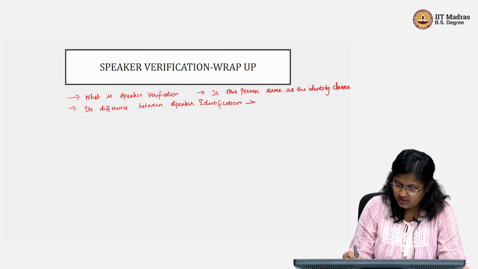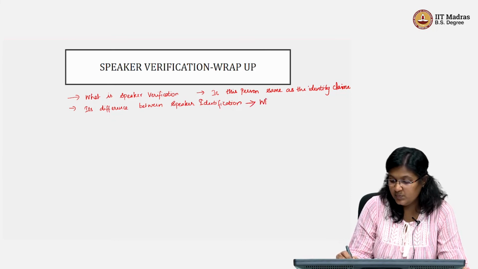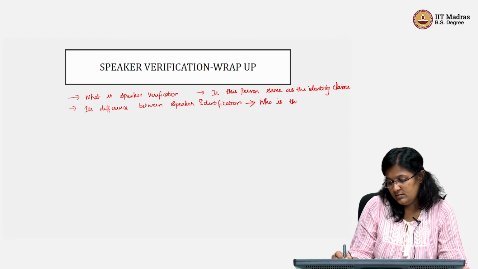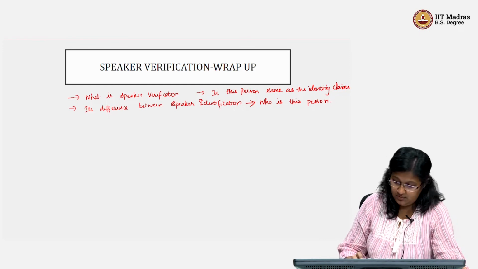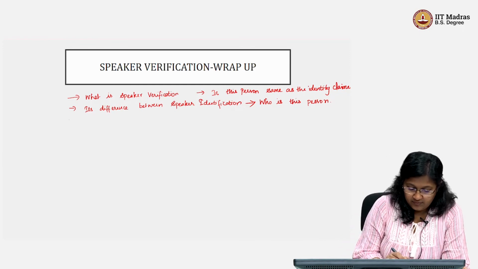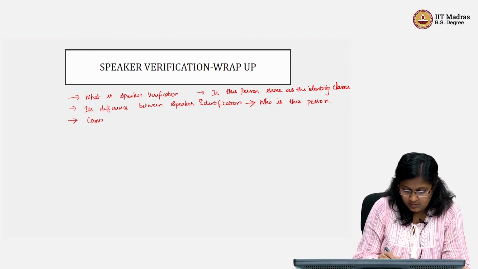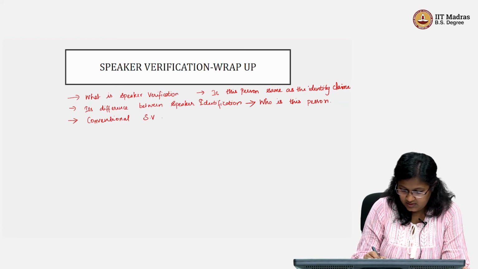What does identification do? Who is this person? There is no claim. That is the important difference between speaker verification and identification. Okay. After this, we saw two conventional speaker verification systems.